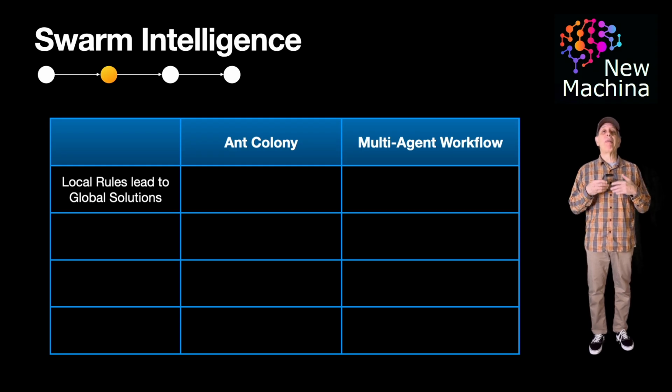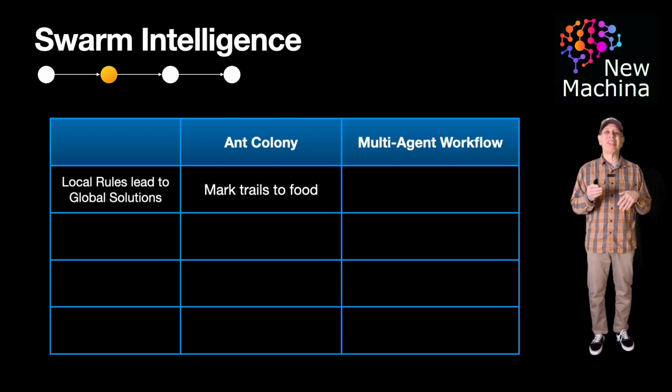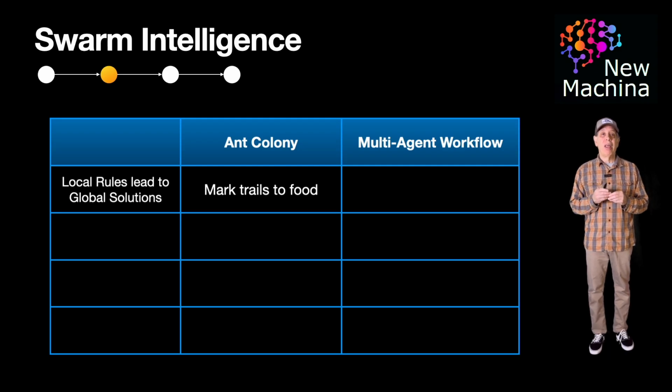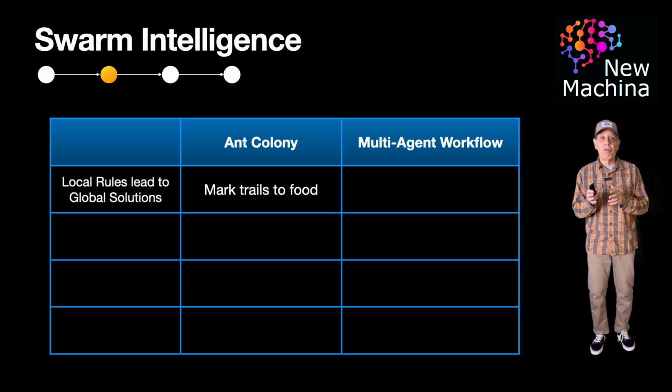So first, how is this manifested in an ant colony? Well, ants don't have a leader assigning roles or giving orders. Instead, each ant follows simple local rules such as follow the strongest pheromone trail, leave pheromone when you find food, avoid obstacles, and adjust your path as needed.